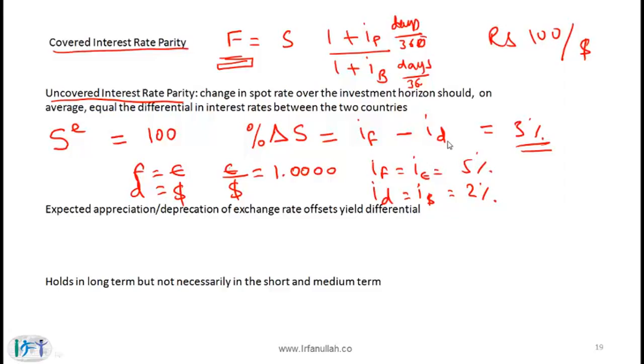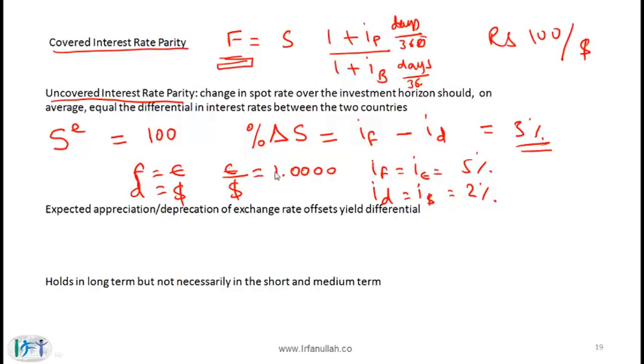And if you recall, this is consistent with what we saw earlier with covered interest rate parity, where we said that the currency with the higher interest rate will lose value, and the currency with the lower interest rate strengthens. So another way of looking at this is that the expected appreciation or depreciation of the exchange rate basically offsets yield differentials.